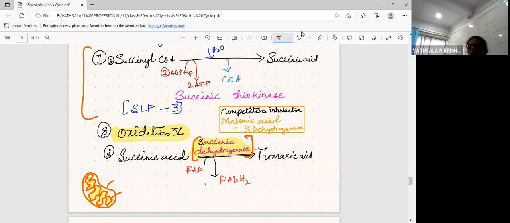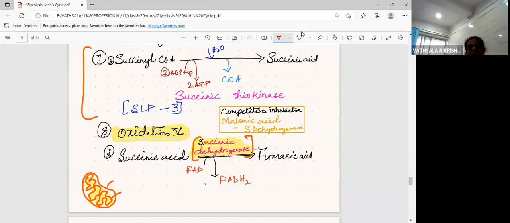The phosphate group present in the first carbon is removed and given to ADP to form ATP. That's the first substrate level phosphorylation. Second is conversion of phosphoenol pyruvate to pyruvate forming ATP. Third is succinyl coenzyme A converted to succinic acid.